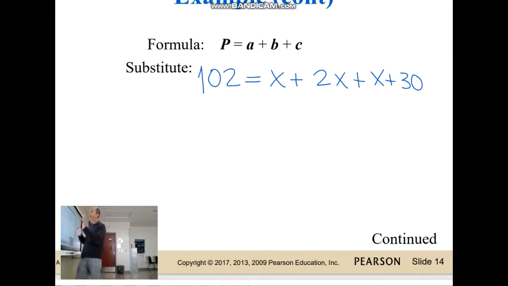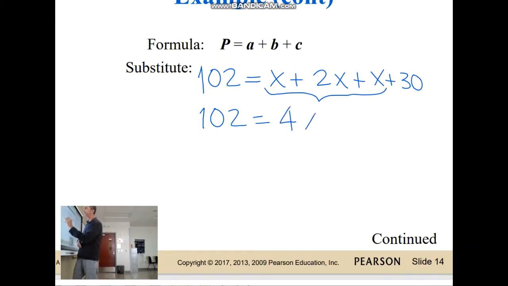To solve, we have to simplify and apply the addition property and multiplication property of equality. Let's do this right now. 102 equals, combine like terms is the first thing. We have to combine X plus 2X plus X, which is 4X, plus 30.